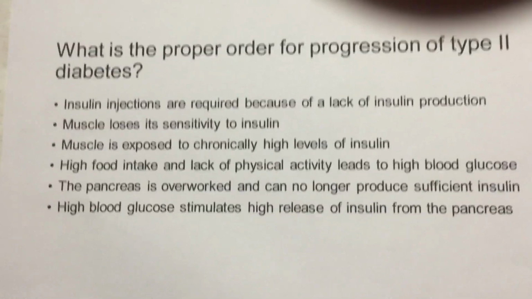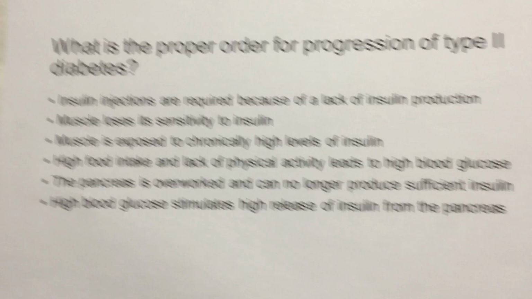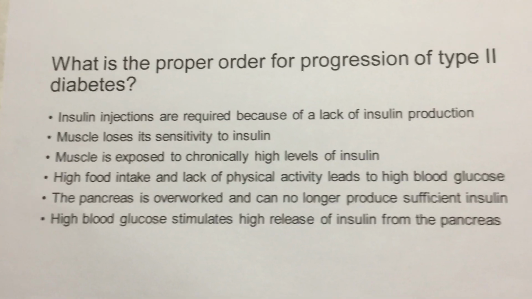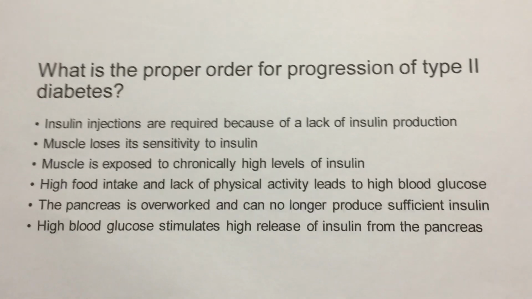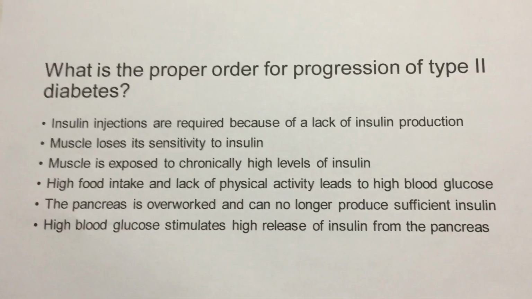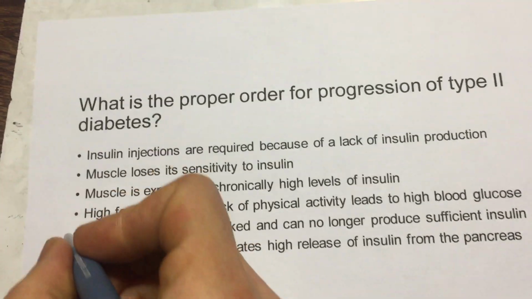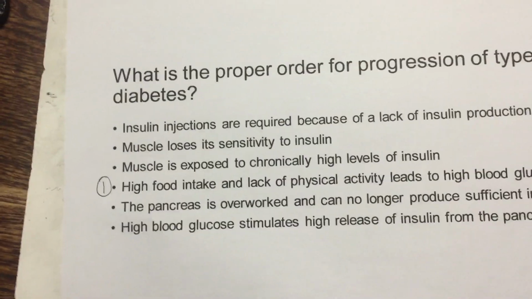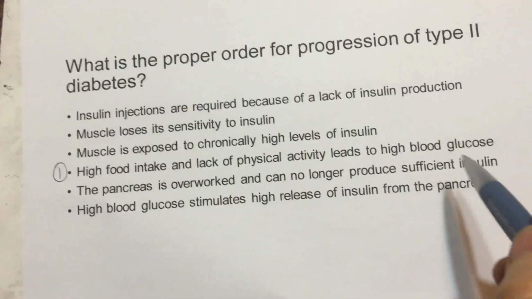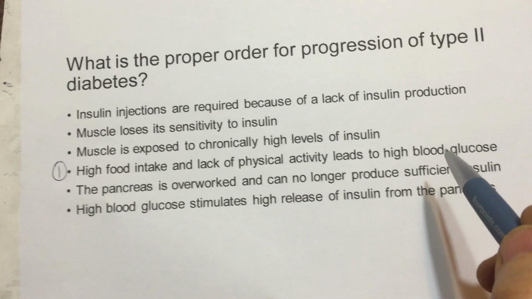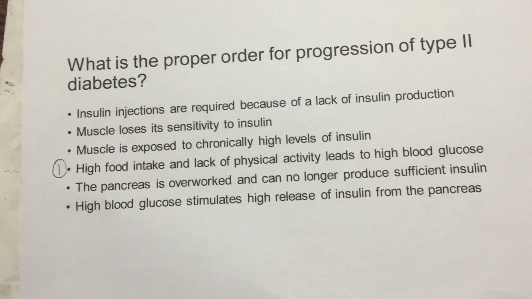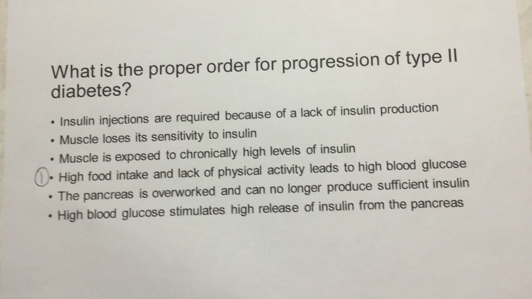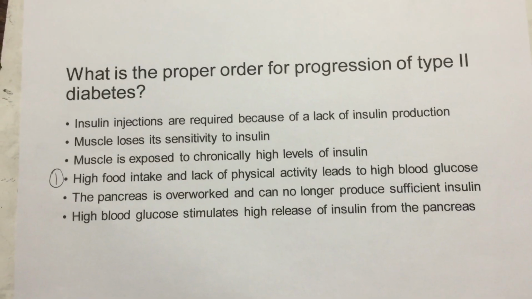The first thing that would happen to develop type 2 diabetes is to have a high food intake and lack of physical activity that leads to high blood glucose levels. That's your first step. Those blood glucose levels, if they're chronic, can lead to development of type 2 diabetes.